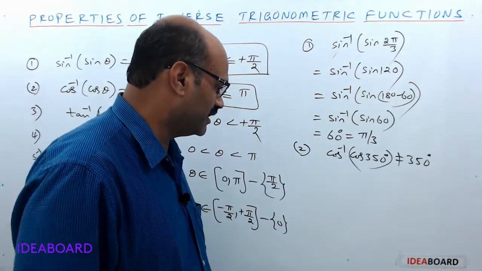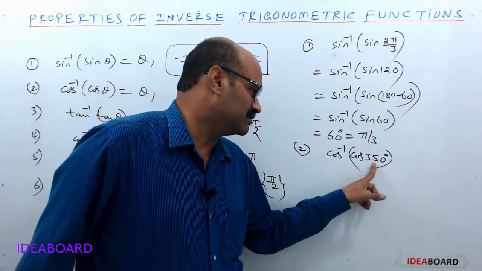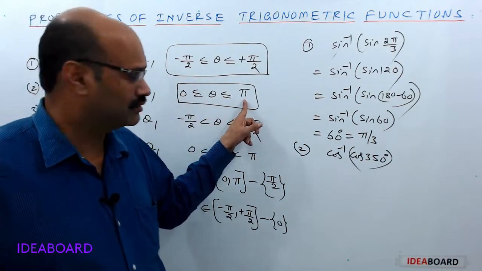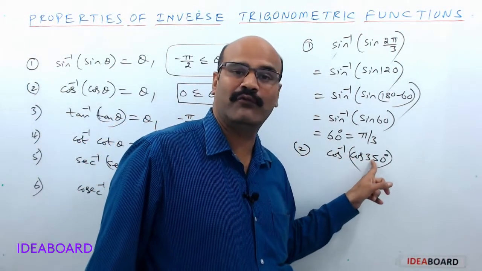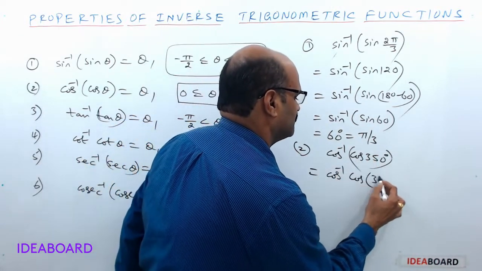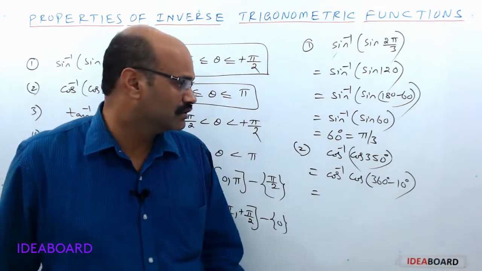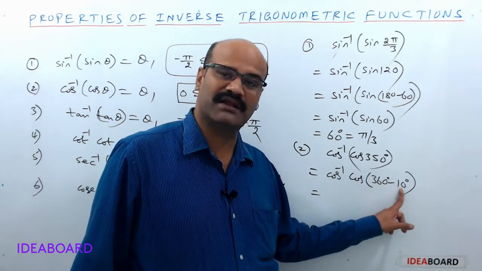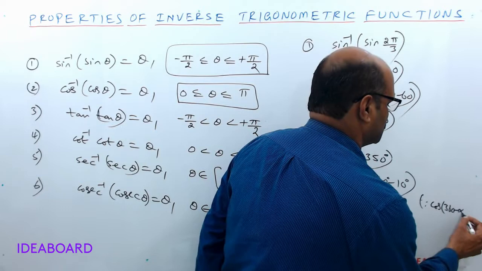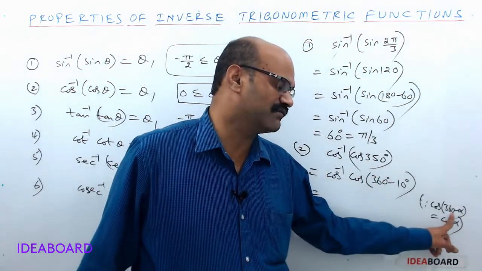So now we convert 350 to between 0 and pi. To write it, we take cos inverse of cos of 360 degrees minus 10 degrees. We know that cos of 360 minus alpha equal to cos alpha. 360 minus alpha lies in the fourth quadrant.